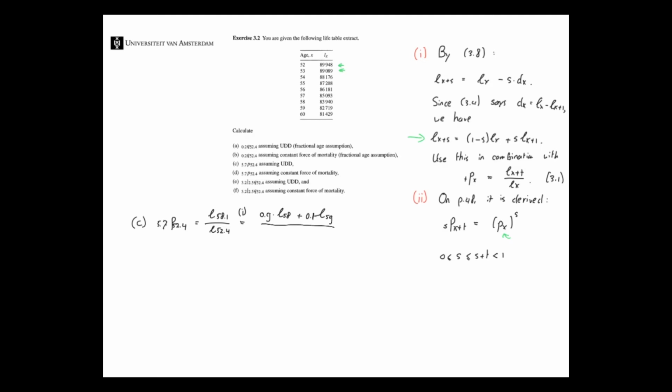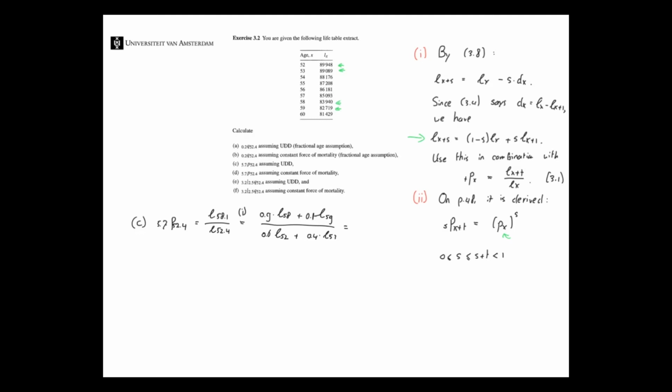And now, what do we get in the bottom? We have L52.4, so s is equal to 0.4. So here we get 1 minus s being equal to 0.6 times L52 plus 0.4 times L53.